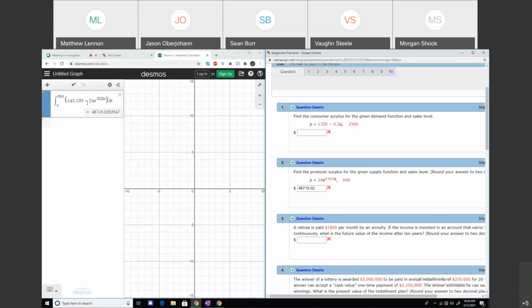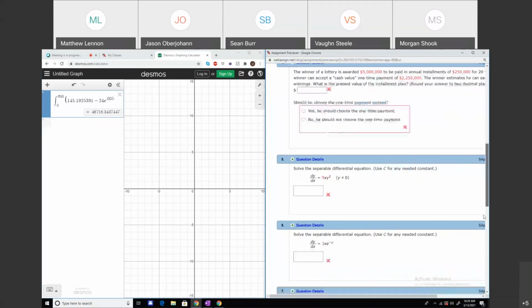Let me add a couple extra decimal places to make sure that doesn't change the last digits. 145.1915391. Okay, so that does change it to 46,718.34. So maybe that was the problem. I just didn't use enough places.